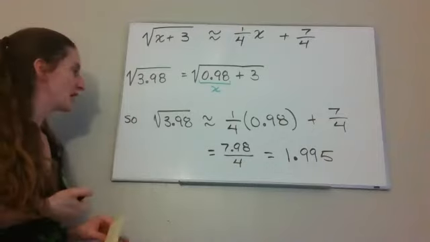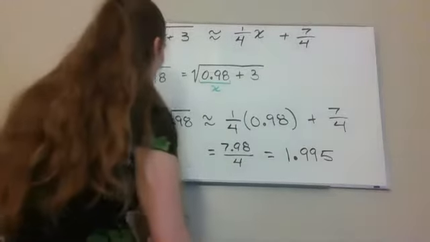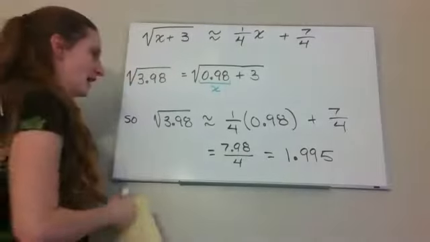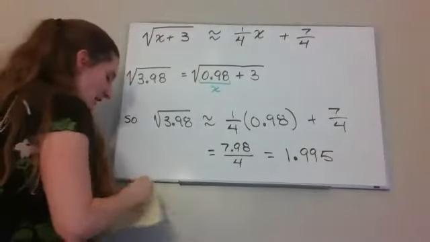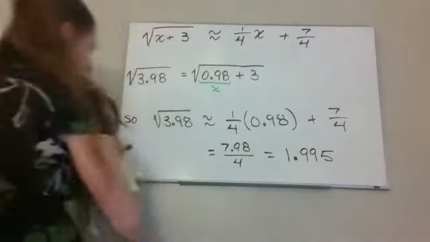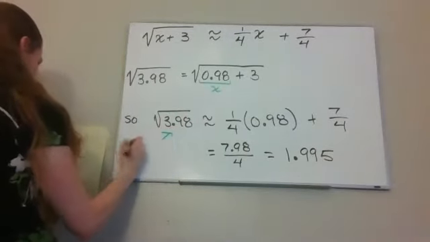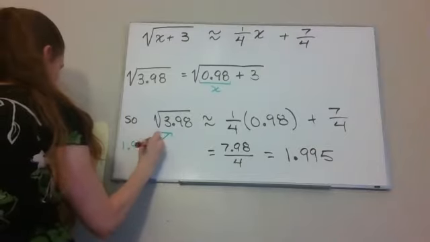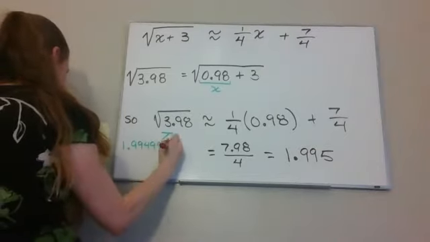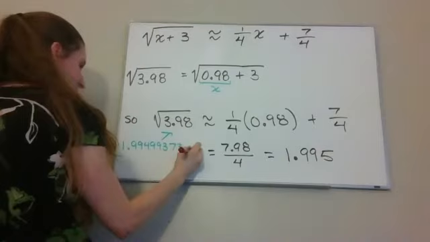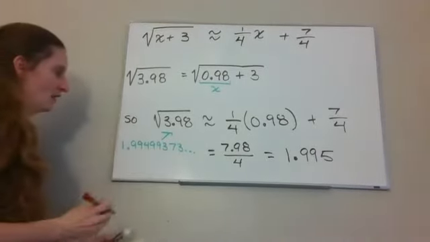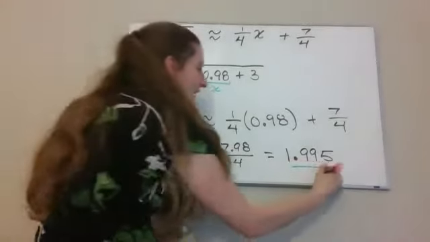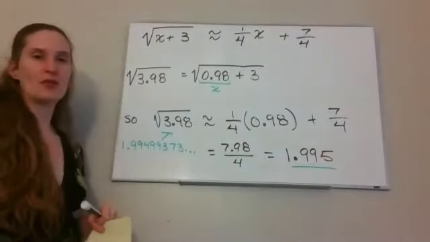Now, some of you might be wondering, how good of an approximation is this? If you type into your calculator the square root of 3.98, you're going to get something like 1.9949937. So is this exactly equal to the square root of 3.98?